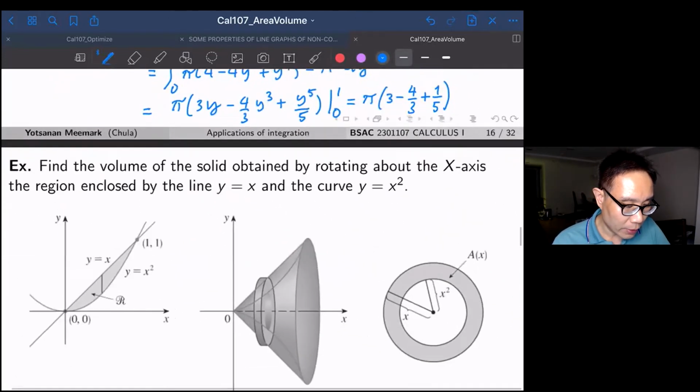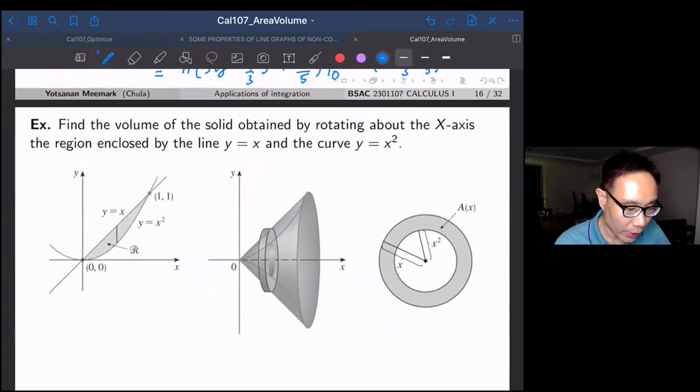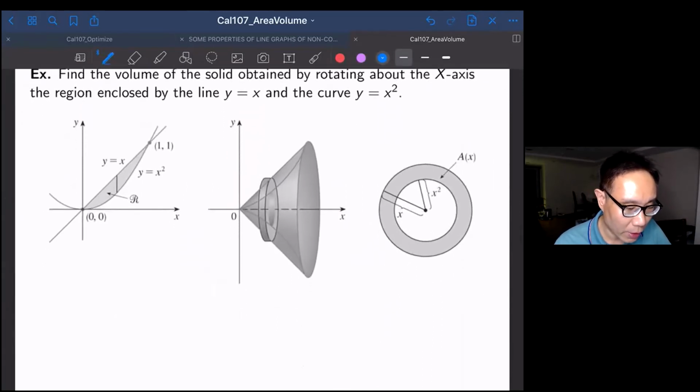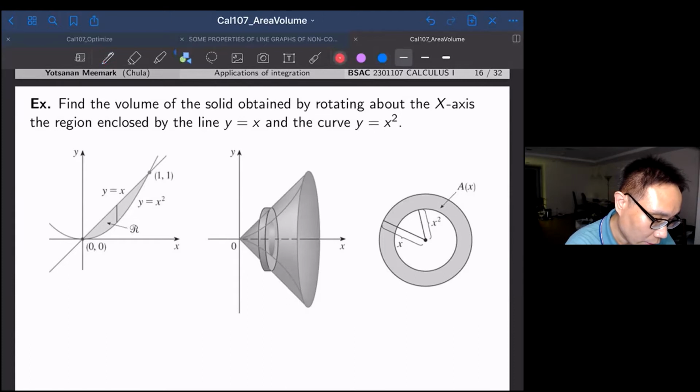The next one, you'd like to find the volume of the solid obtained by rotating about the x-axis the region enclosed by the line y equal to x and the curve y equal to x squared. So you see that you have y equal to x and y equal to x squared. Let me put some color in order to ease the explanation.